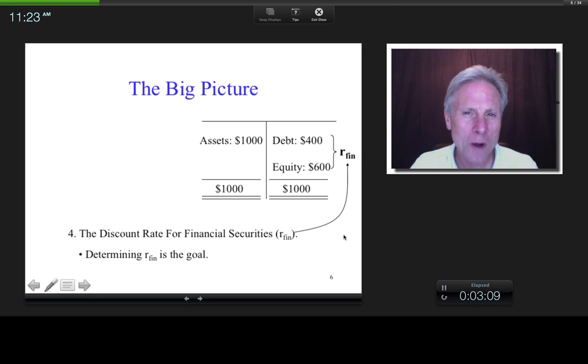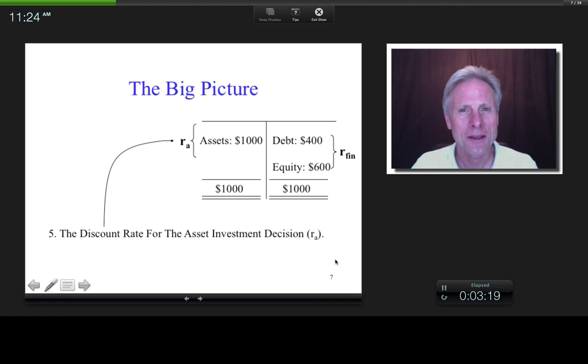And what was the primary reason, this was in Lecture 5, that we even cared about this? Well, the primary reason is basically what we're about to do today, and that is that you cannot understand the discount rate for the asset investment decision unless you have an understanding of the discount rate for financial securities. Why is that?